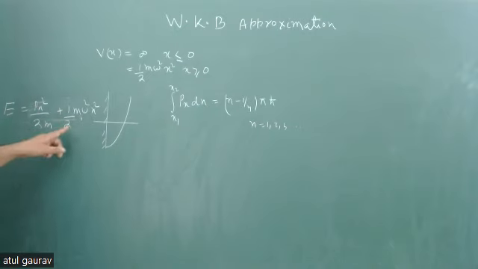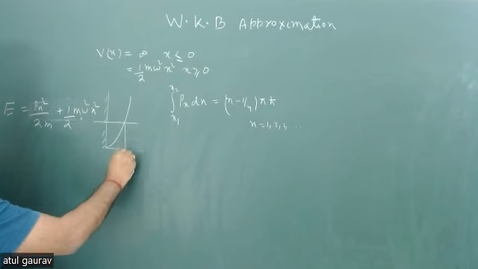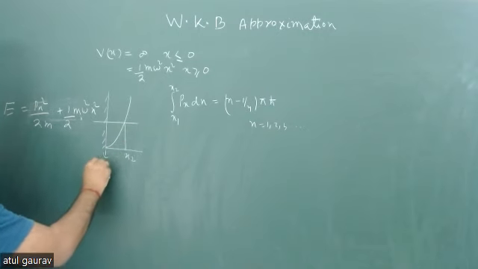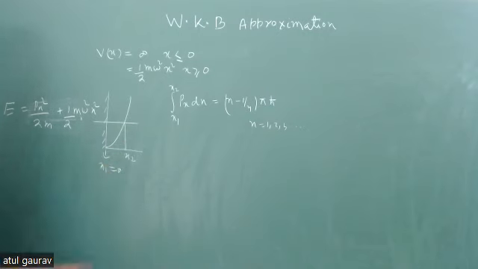Again, you have to find this particular value, which is your x2. x1 is 0, there is no problem. How will we get x2? We set momentum p_x equal to 0, and then we get x equal to root under 2E upon m omega square.